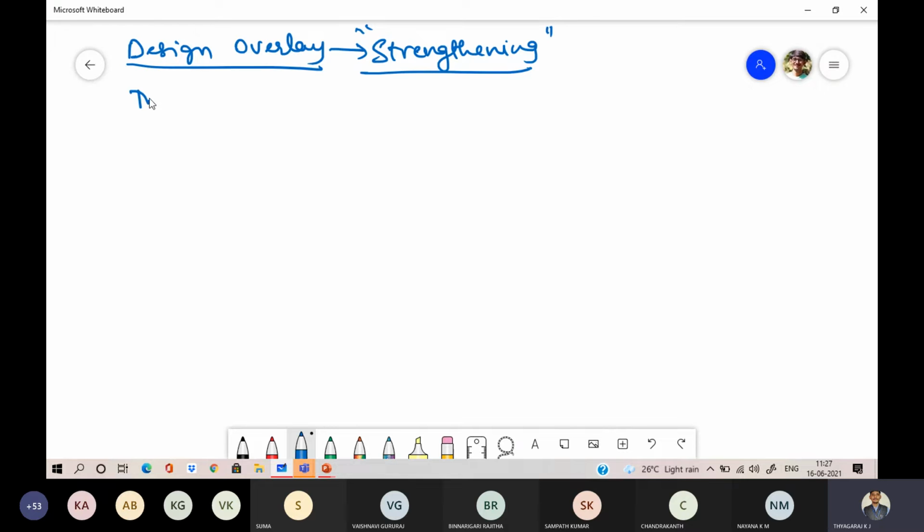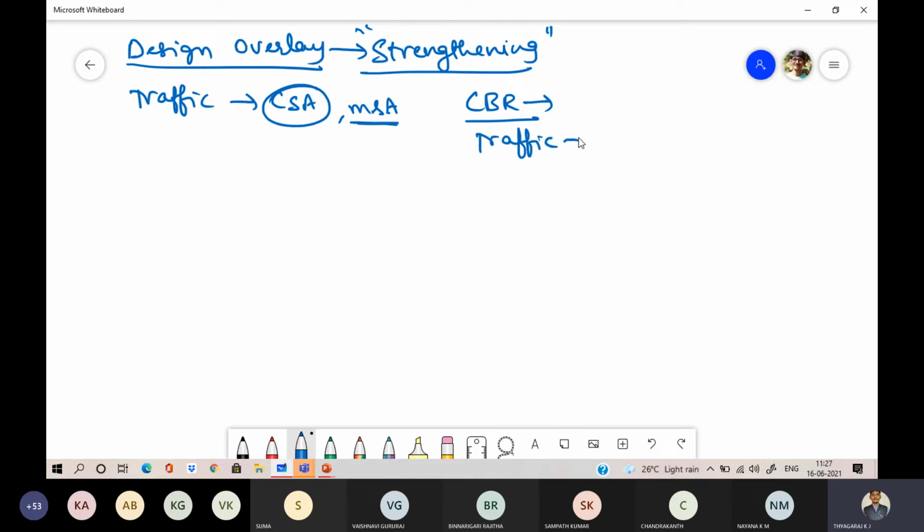That is, the traffic we are going to design in terms of cumulative standard axles, which will be represented as MSA. Then in the flexible pavement, we considered CBR and traffic. Based on the CBR and traffic, we designed the flexible pavement.